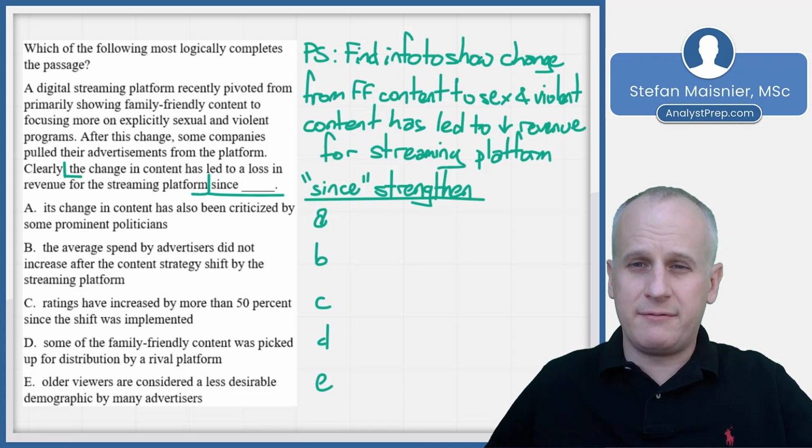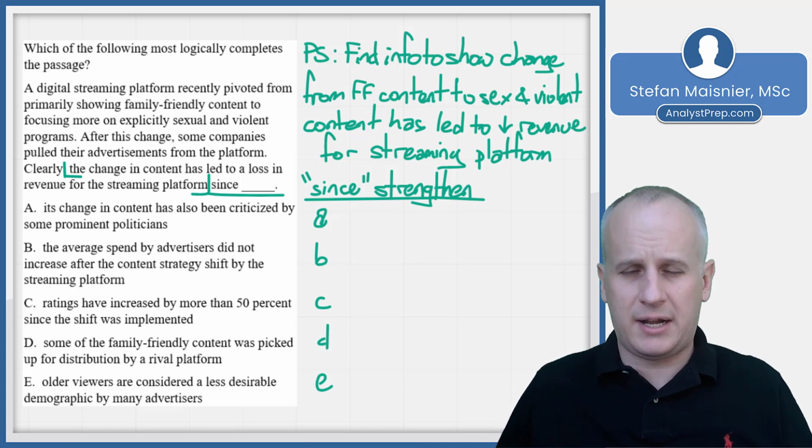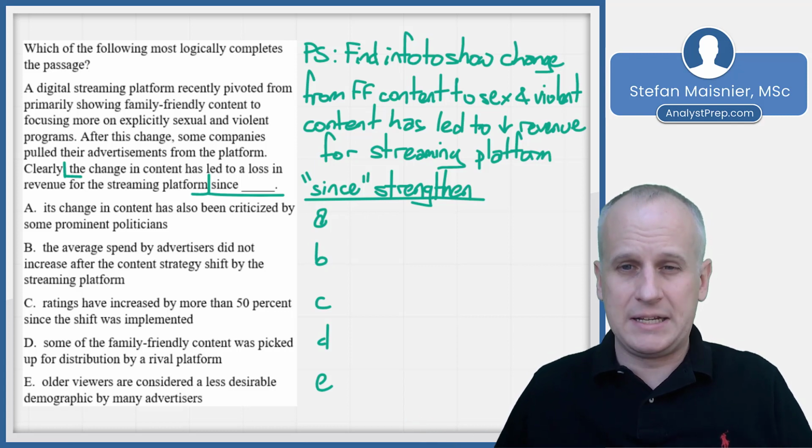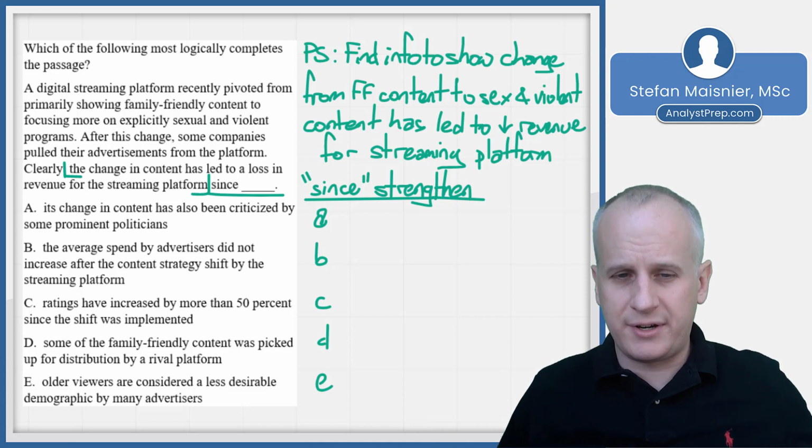And if you can't identify a clear common argument structure, this is all you do. You just say, okay, I need to find information to show that this conclusion did in fact happen if I'm looking at a strengthen task.